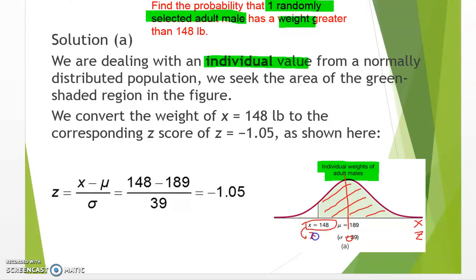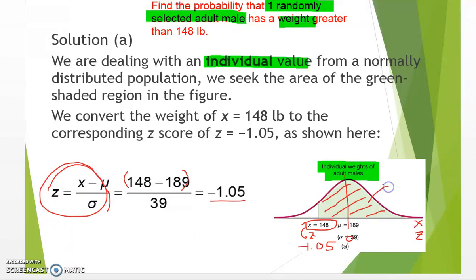Based on the conversion formula from last section, z is x minus mu divided by sigma. So we do 148 minus 189 on the top, and then divide by 39. We get negative 1.05. So here z is negative 1.05.